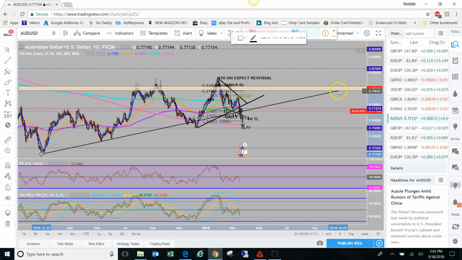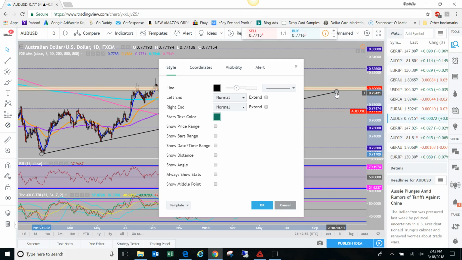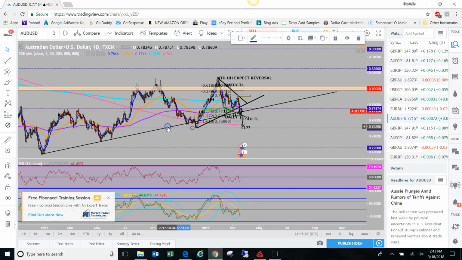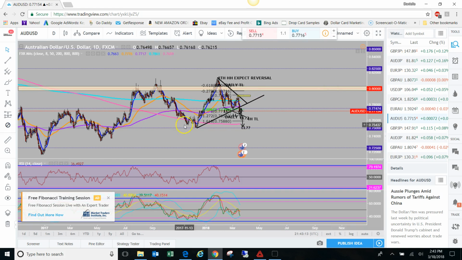That can also be daily support. So that's another thing: trend lines act as support and resistance as well. So let me just delete this. Not that, this trend line here. Okay. So that's pretty much it. I start on the daily, restrict the market from the bottom and the top.